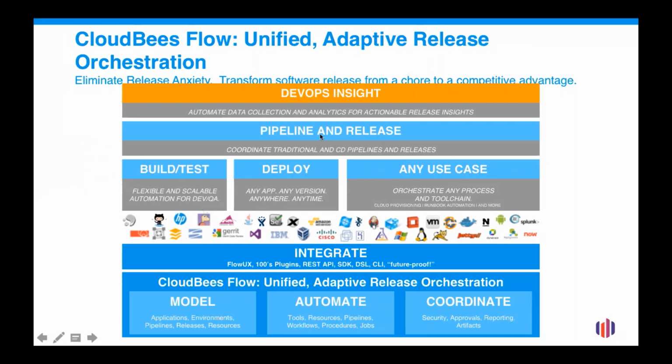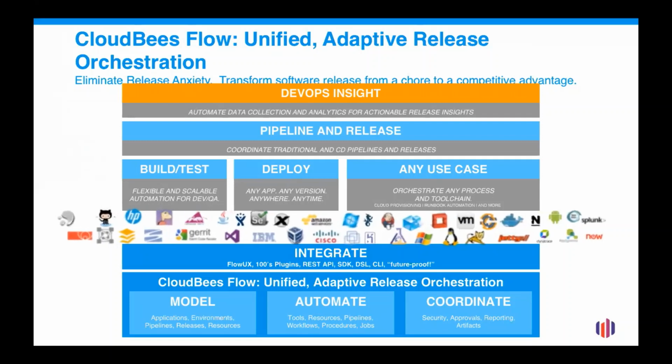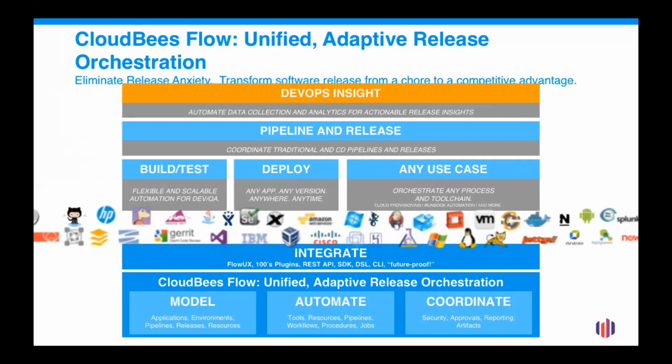On the top side here, the different use cases, the different things that I can do with the platform. And in the middle here, what we will just focus on in the next couple of slides, the integrations, what we call the plugins.